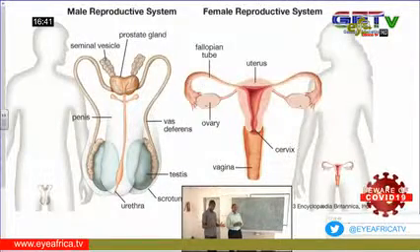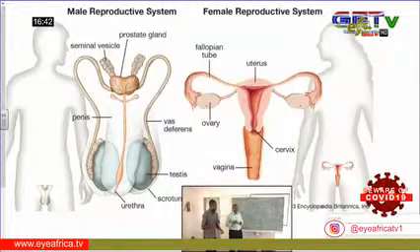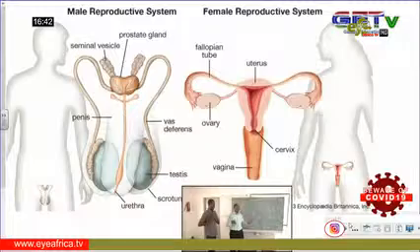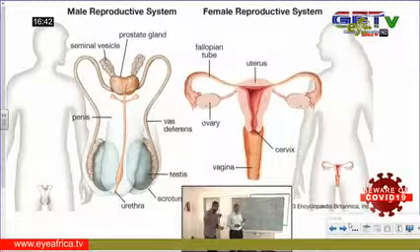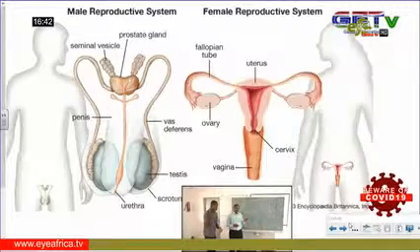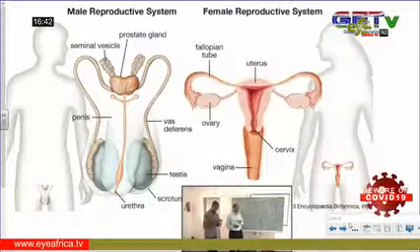All of this produces some liquids that help in providing a medium for the sperm cells to move and also to protect them. All this mixture of the liquids and the sperm cells, we refer to as semen, S-E-M-E-N. This is what is taken out when a boy or a man releases, and the process is called ejaculation.